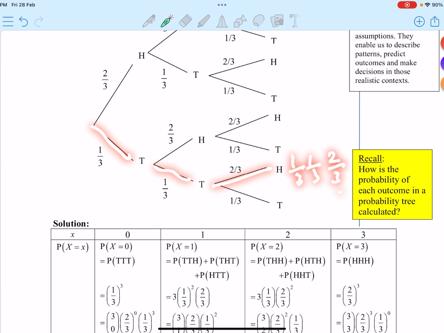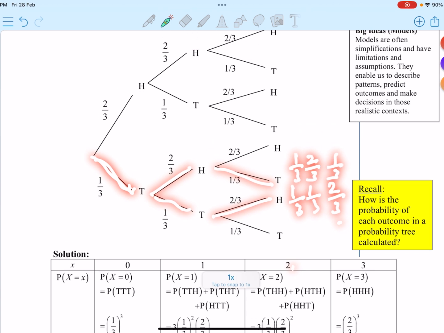Repeat this for the next 2 cases. We have tail, head, tail, which is represented by 1/3, 2/3, and 1/3. Then we do this for the last case, which is head, tail, tail, represented by 2/3, followed by 1/3, followed by 1/3.